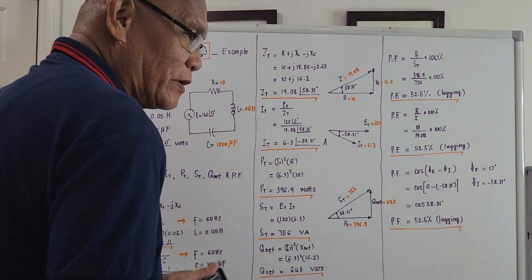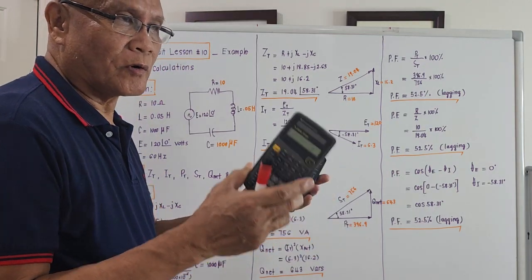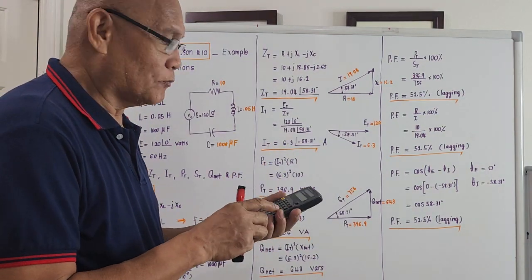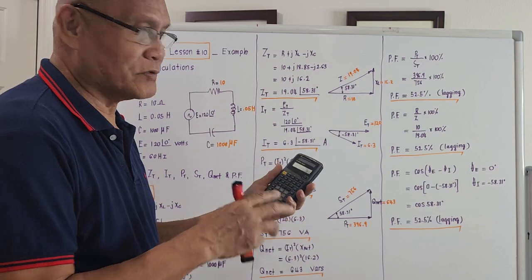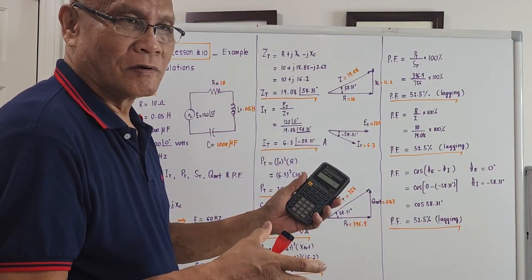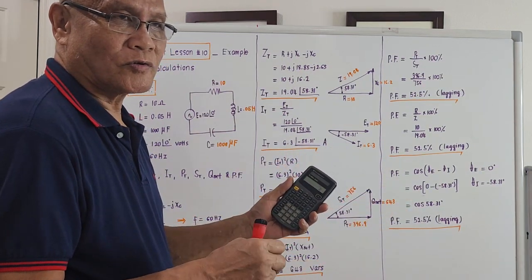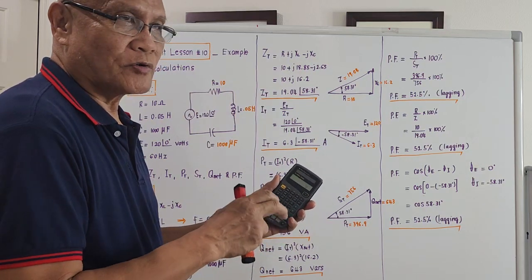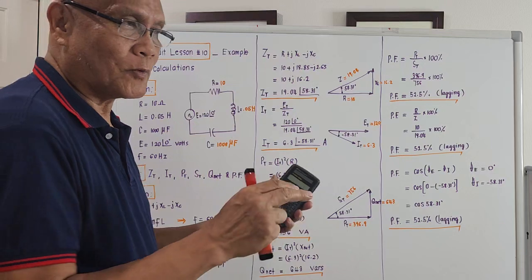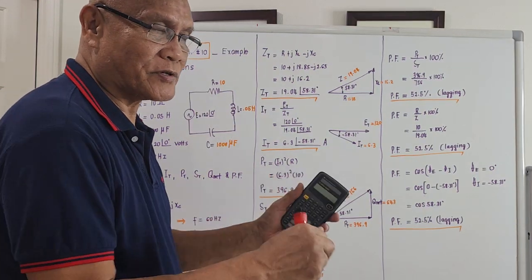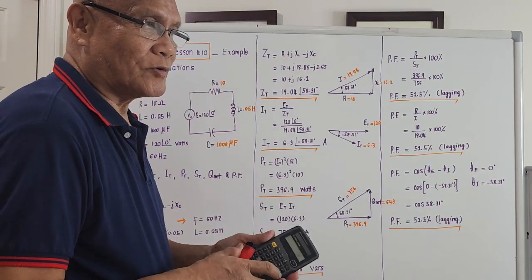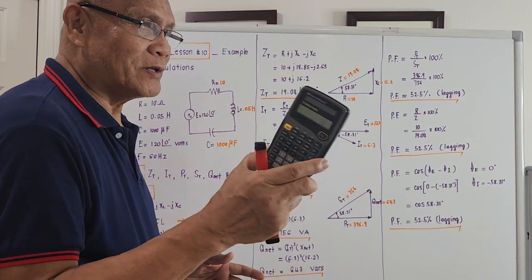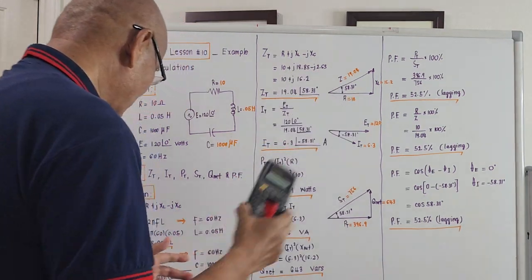So, what we need here is a scientific calculator that has the sine, cosine, and tangent functions, because in the solution of the impedance, we need the conversion from rectangular to polar or polar to rectangular and vice versa.